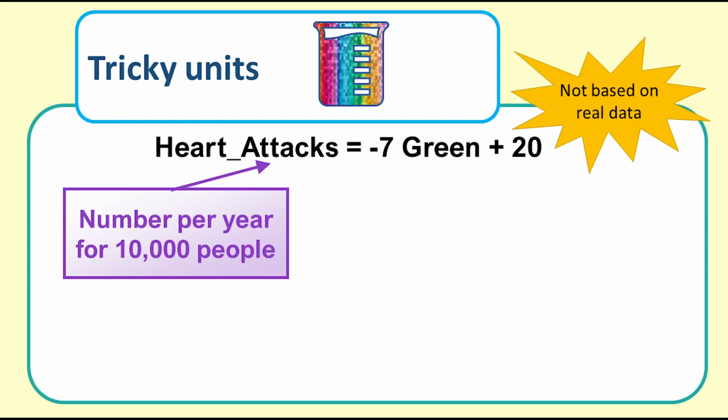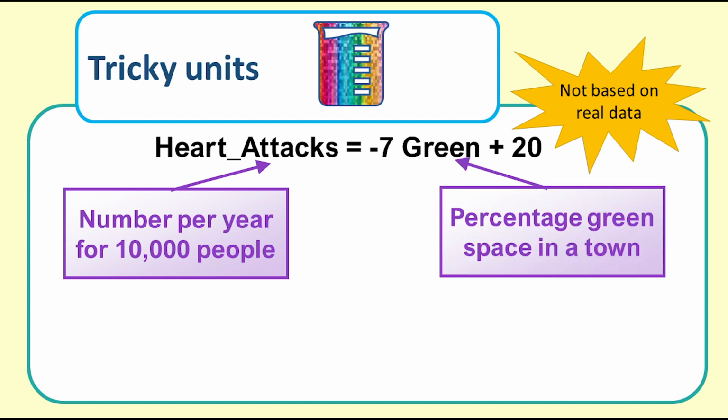For example, attempts to explain health outcomes may use data on regions or towns. For each observation, there might be a number of heart attacks per 10,000 population in a year as the dependent variable. A potential predictor variable could be the percentage of green space in the area. Say the coefficient of green space was negative 7.